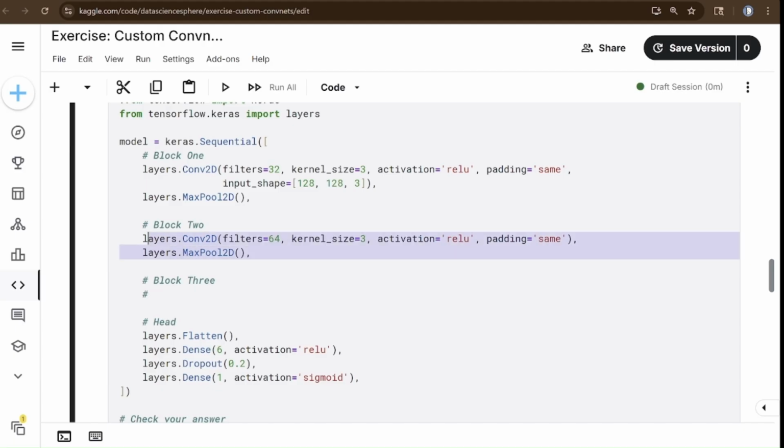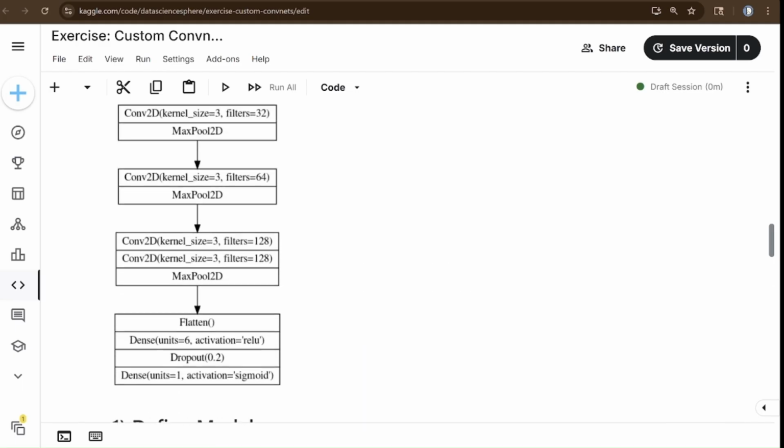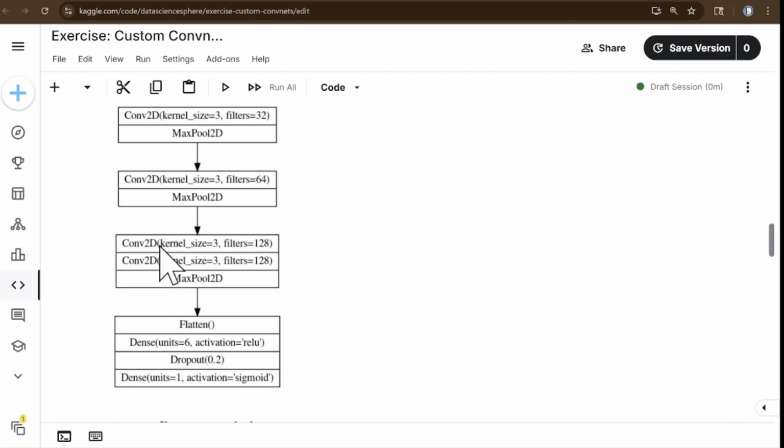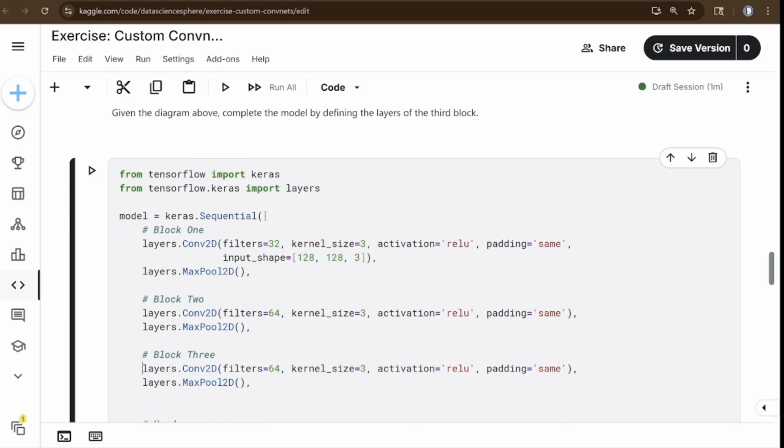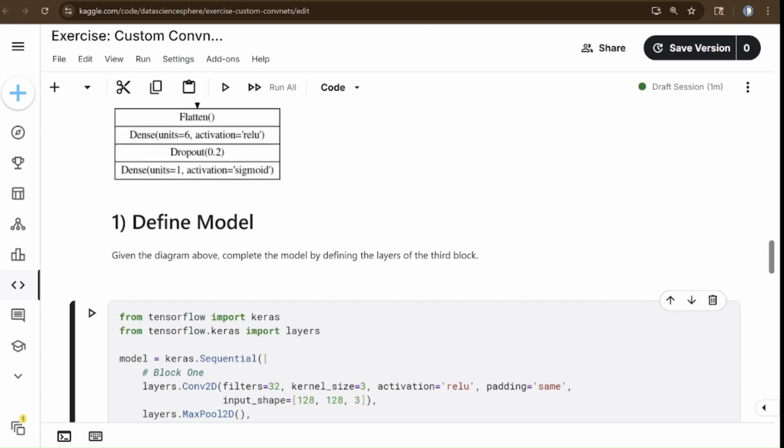First let me copy this. Now see, this one you have to write convolutional 2D, kernel size 3, filters 128. So filters you have to change to 128, kernel size is 3, activation ReLU, padding same.